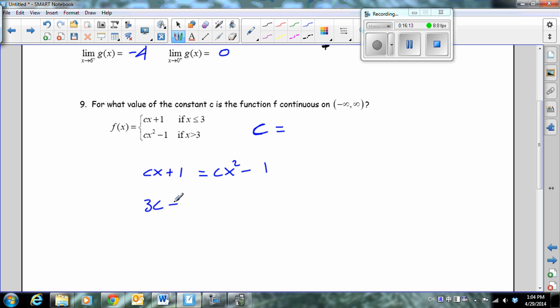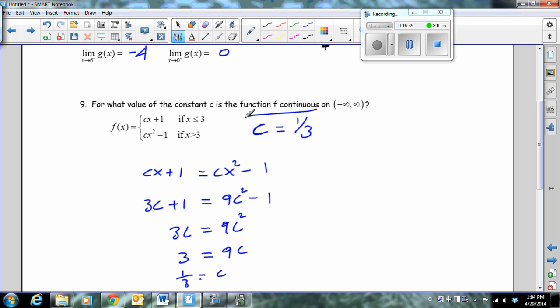So that will be 3c plus 1 is equal to 9c minus 1. Subtract the 1 to get 3c is equal to 9c. By the way, it's c squared here. Divide by c to get 3 is equal to 9c. And divide by 9 to get 1/3 is equal to c. So in order for this to be continuous, c must be equal to 1/3.